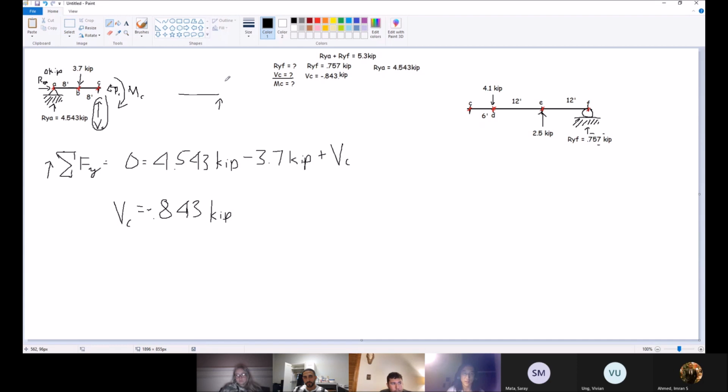So it's essentially the same thing as this, but if it was positive, so it's still going in the same direction. It's just 0.843 kips going in the down direction. So if you do write positive 0.843, make sure your shear force is pointing down.